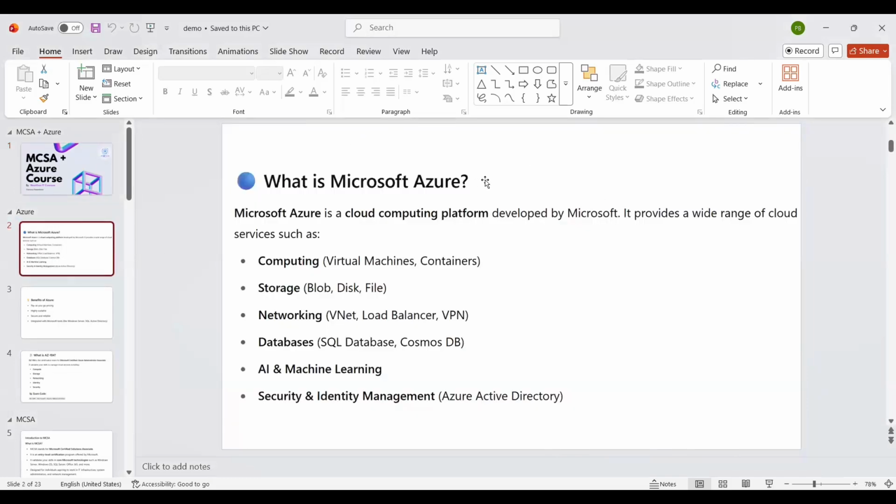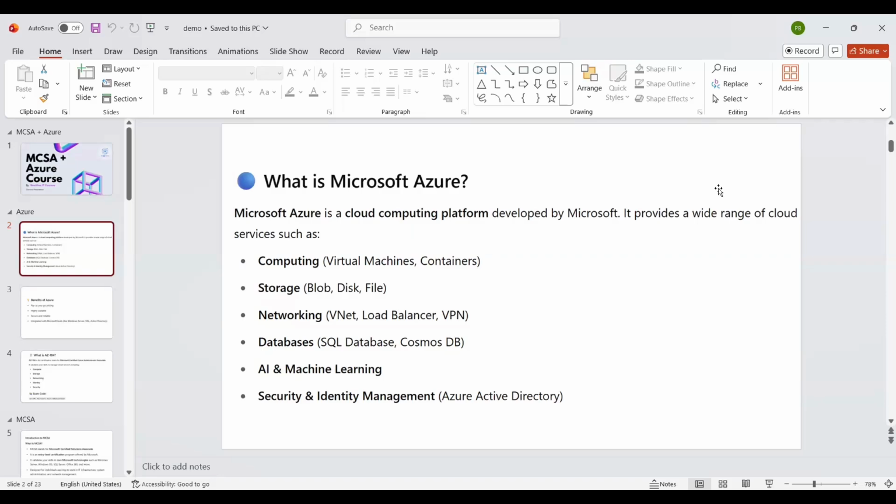So what is Microsoft Azure? In our second part, we are going to cover Azure. Microsoft Azure is a cloud computing platform developed by Microsoft. Microsoft is a popular company that has developed the cloud platform. For cloud services, we also have other providers, like AWS and GCP.